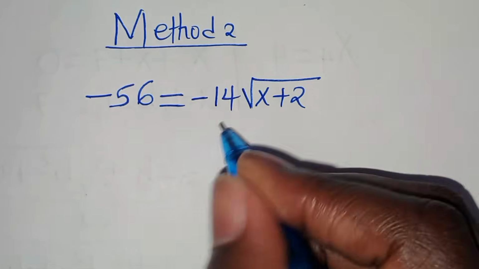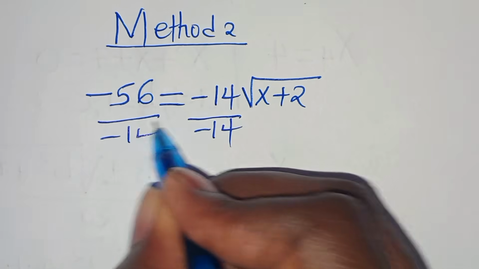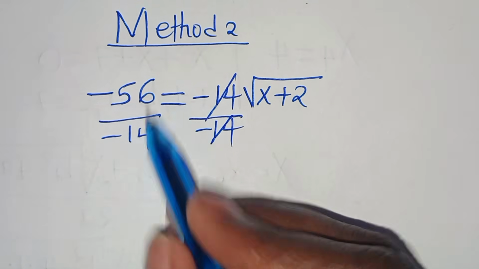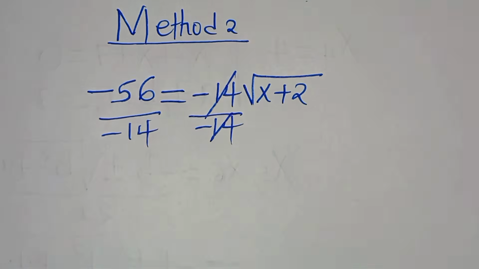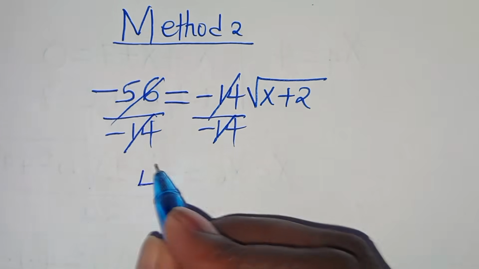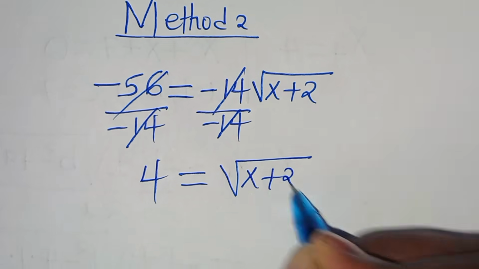Now let's divide both sides by negative 14. If we simplify here, we have negative 56 divided by negative 14, which is equal to 4. So we have 4 equal to the square root of x plus 2.